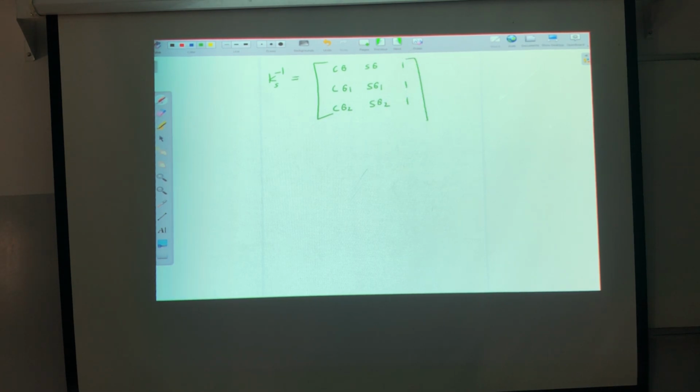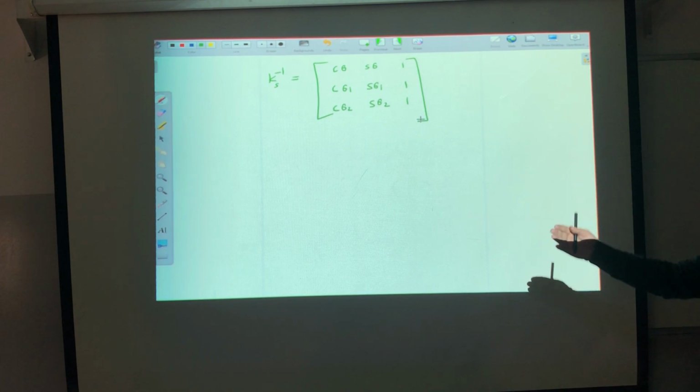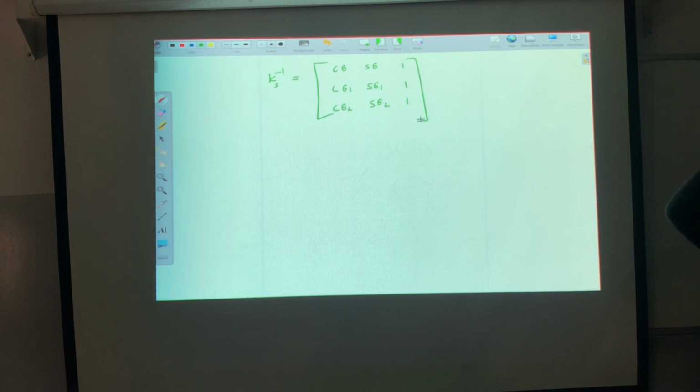It's very simple to remember. It's almost the transpose, not exactly the transpose. That's why I call it almost the transpose. It's simple because the first 2 columns are taken directly as the transpose of the first 2 lines, and 1 to complete the matrix.